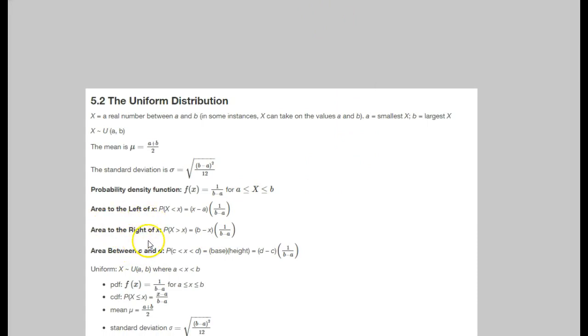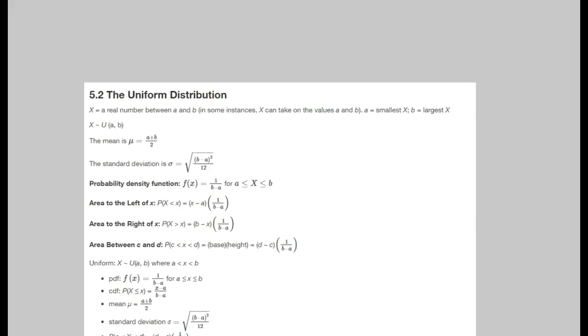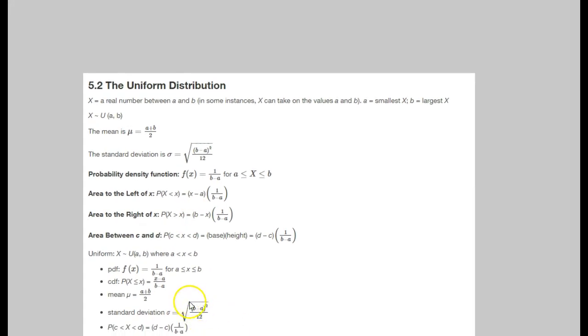Area to the left and to the right. So this is a greater than the one we're looking for. Move this down just a tad bit, and so we're looking at, it's going to equal b minus x, and then 1 over b minus a. So the area to the right, because we're looking for it to be greater than.